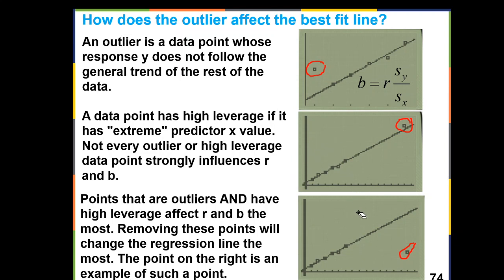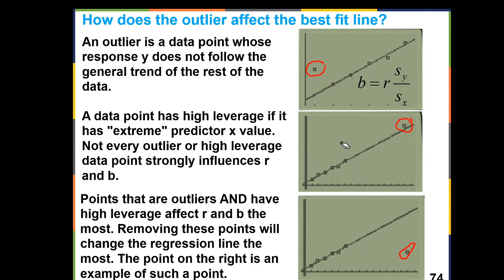A point that is both an outlier and high leverage is called influential. These points influence R and B strongly.